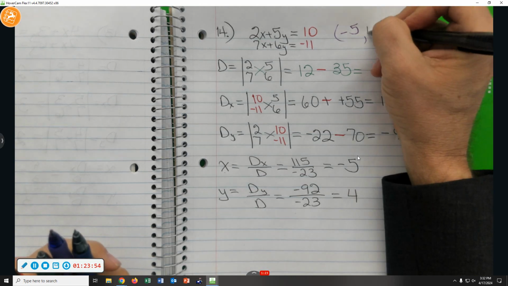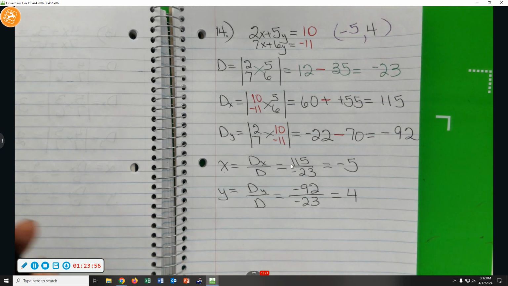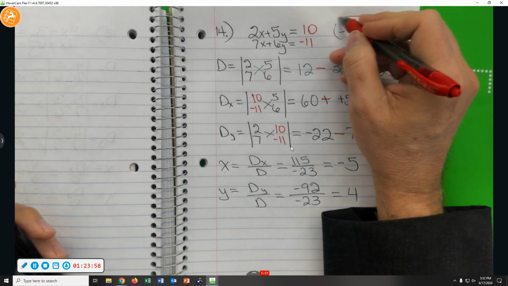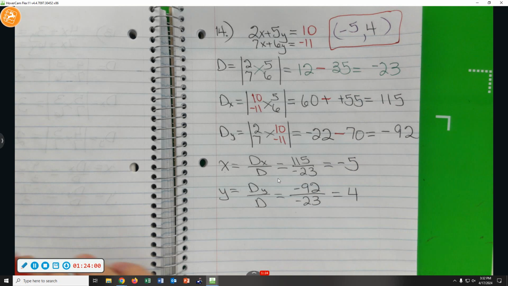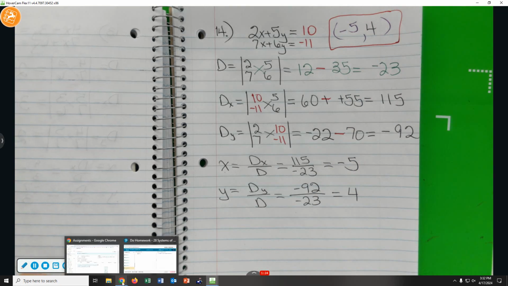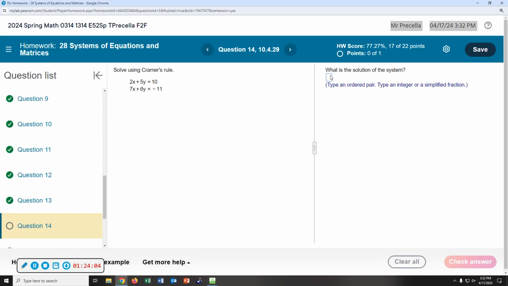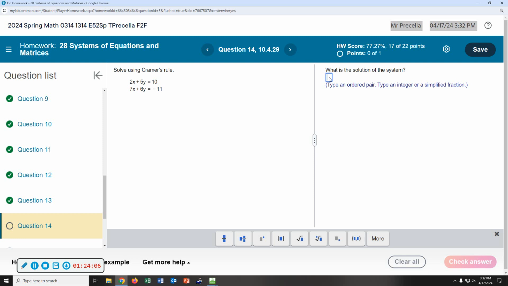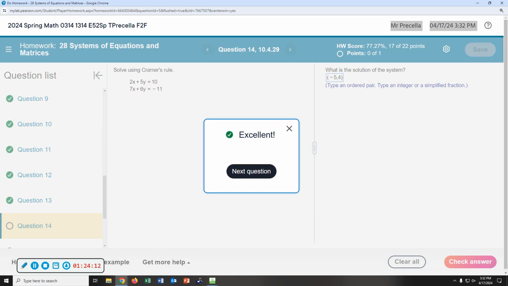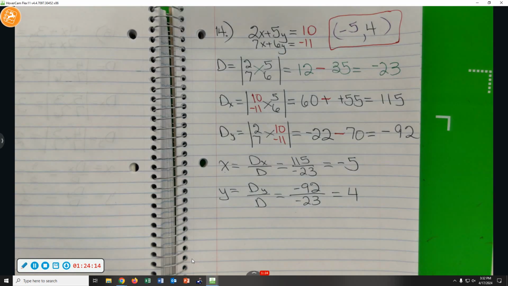So there's the point of intersection: negative 5, 4.